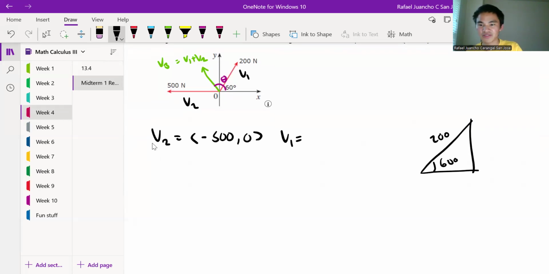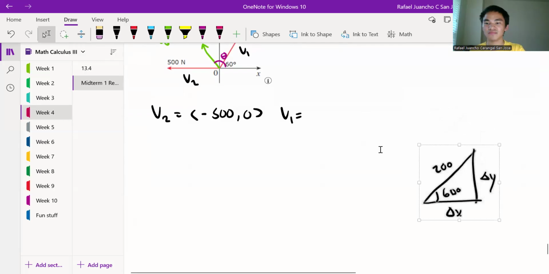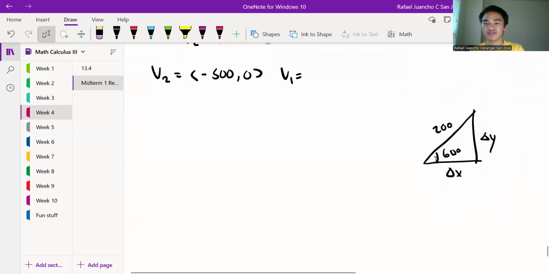But this is my change in x. This is my change in y. So how do I find each of them? Well, I can say, okay, find my change in x. I can do a cosine, right? So I can do some trig stuff here.